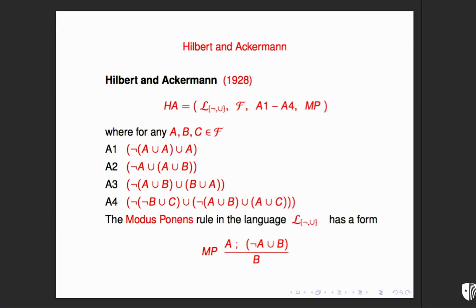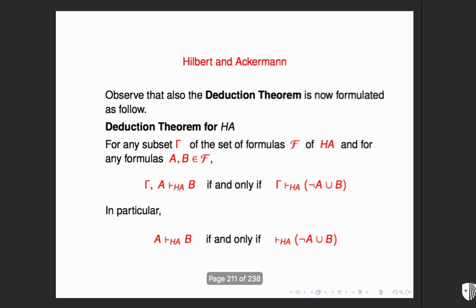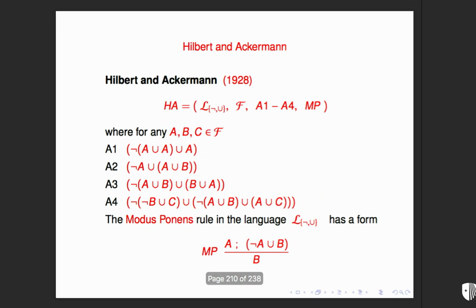Hilbert and Ackermann, and that was before they decided to use another form of modus ponens. The language they use has only disjunction and negation and axioms, and modus ponens is in that form, right?